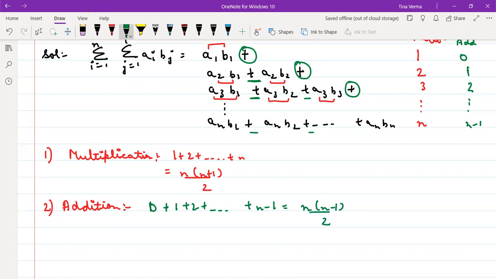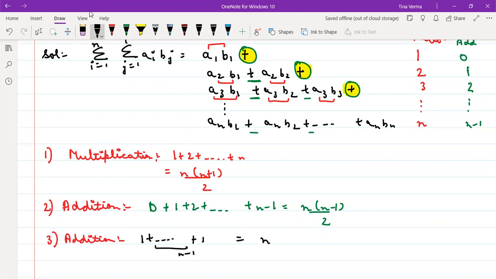Now I am counting the last addition. So the last addition, this is your addition here one time, and this is one time addition, and in the last there is no addition. So that means this addition goes up to n minus 1 times.